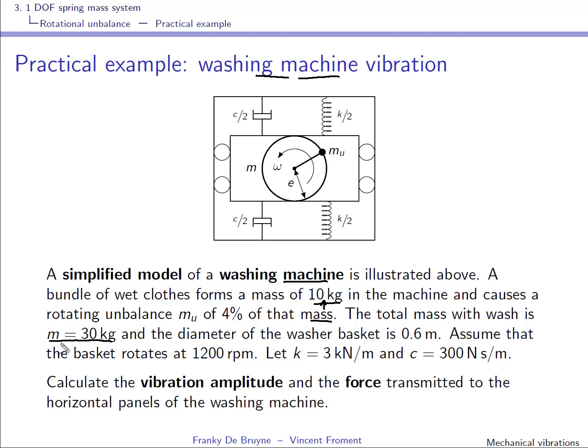Okay, so this is the total mass of the machine, and the diameter of the washer basket is 60 centimeter. We assume that the basket rotates at 1200 rpm and that the stiffness and the damping coefficients are given by these values here. The question is, what will be the amplitude of vibration and what will be the force that is transmitted to the horizontal panels over here.